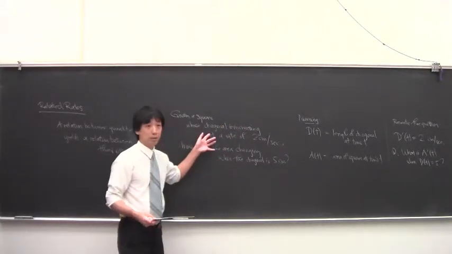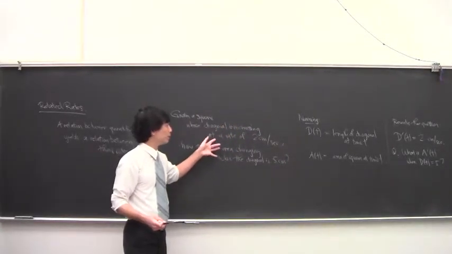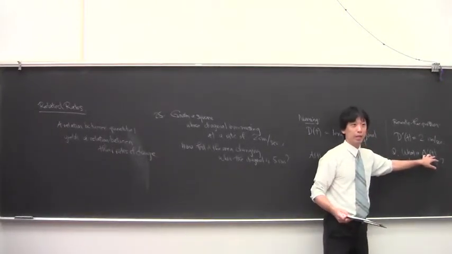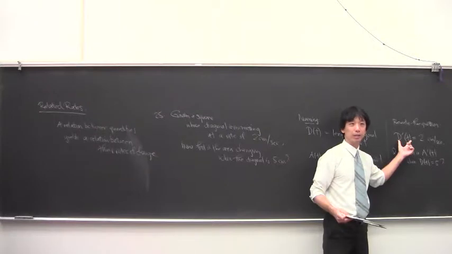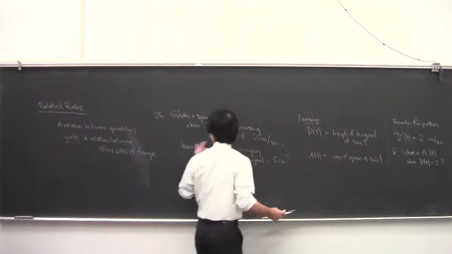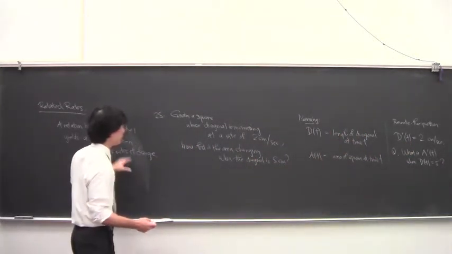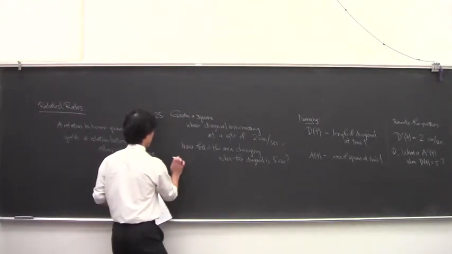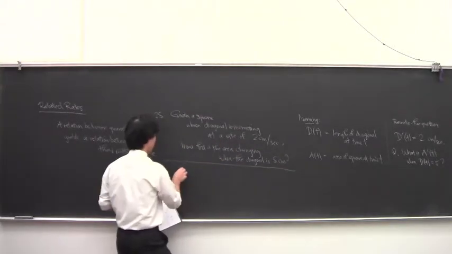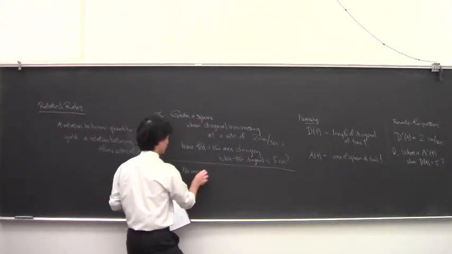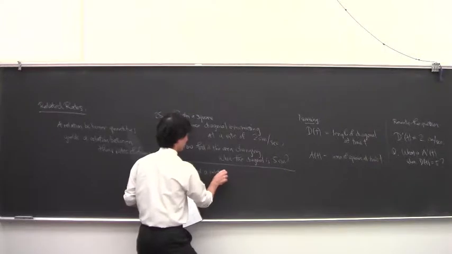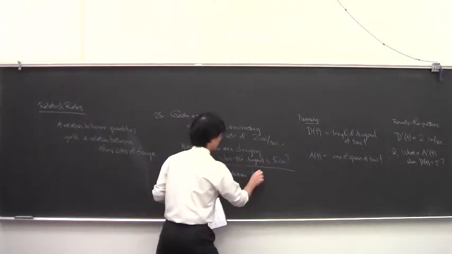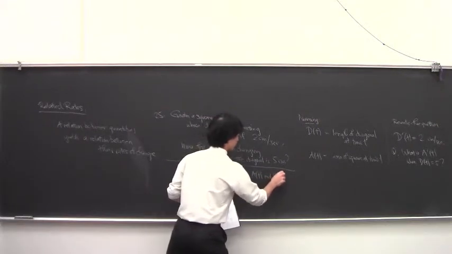Now, what you need, of course, is a relation. They're asking you for the rate of change of A, and you're given the rate of change of d. So we need a relation between A and d.